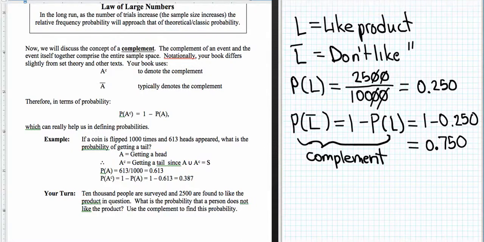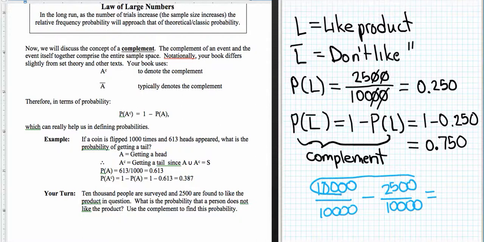And you see the way that we had used it in set theory was what happens in our numerators here, right? Because this is 1, which represents 10,000 out of 10,000, and that's minus the 2,500 out of 10,000. And what goes on is in our numerators we subtract these numbers, right?